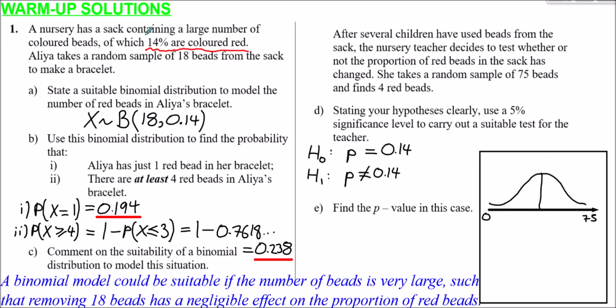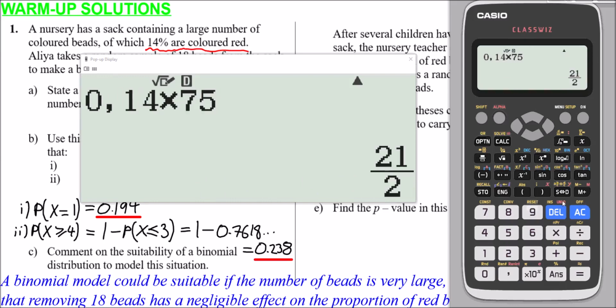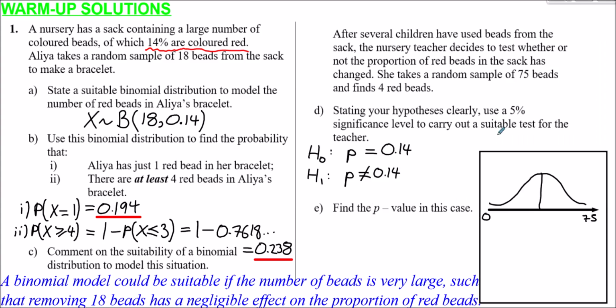If there were 14% coloured red and 75 are picked, we'd expect the peak to be at 14% of 75. That would be what you'd expect to happen. So what would that be? So 14% of 75 comes out as 10.5. So you'd expect 10.5 red beads, typically.